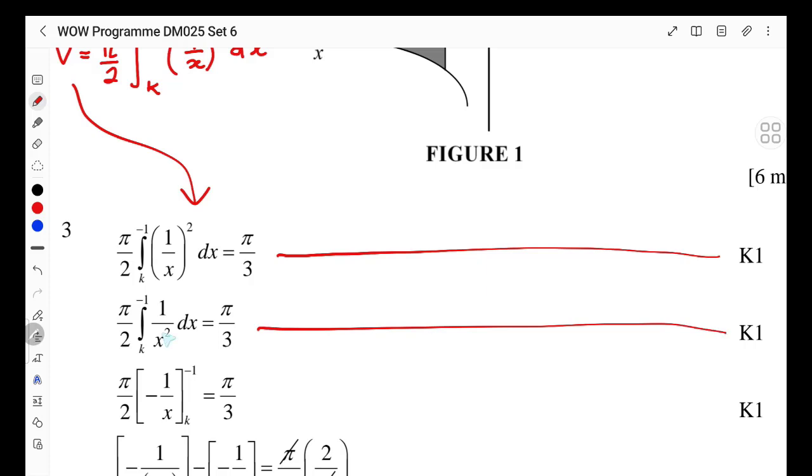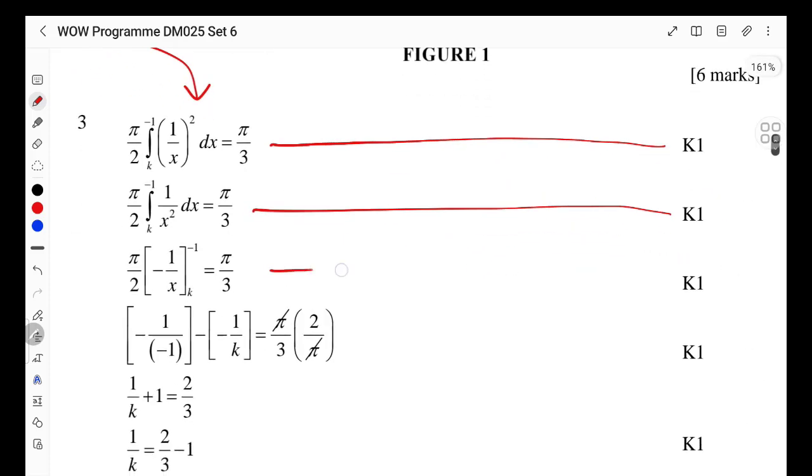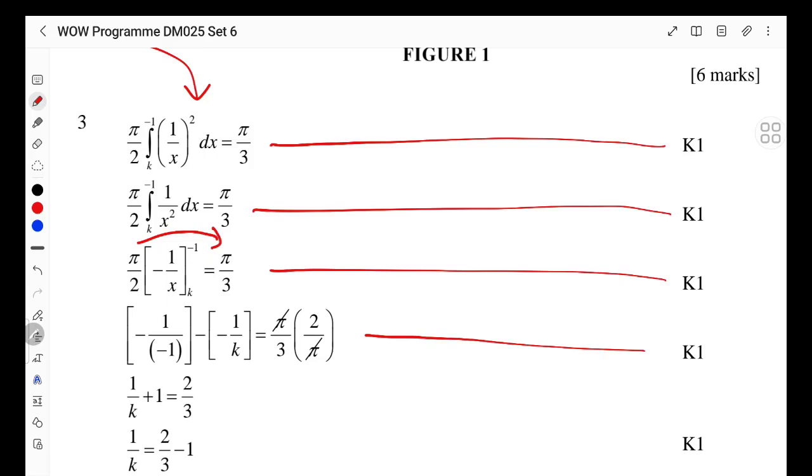And then you integrate 1 over x squared, you get -1 over x, evaluate from k to -1. Okay, this is K1. Another K1, you subtract upper limit minus lower limit, and then bring pi over 2 to the right hand side, for you to easier to solve.